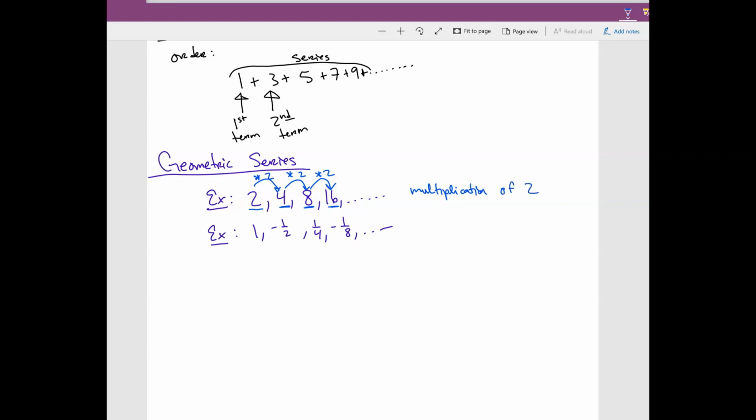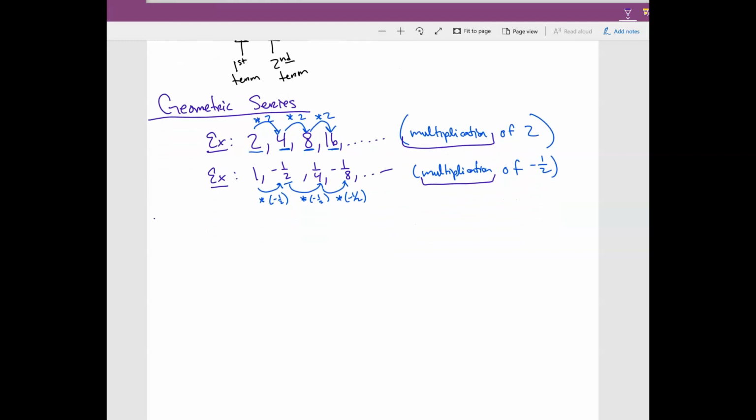In our second example, to get from there to there, I multiply by a factor of -1/2. To get to here from here, I multiply by -1/2, and to go to here, I multiply by another -1/2. So here is a multiplication of -1/2. The key word is multiplication: you're multiplying some number to each term.